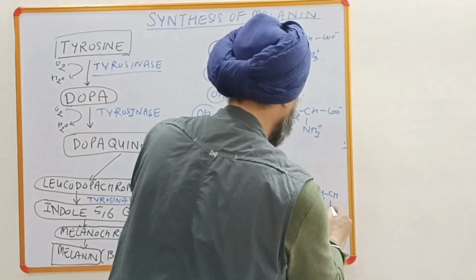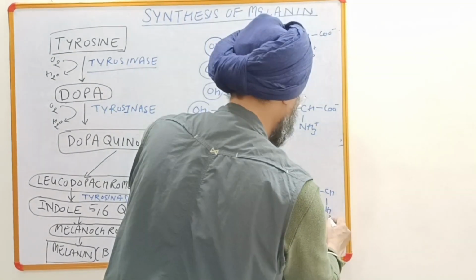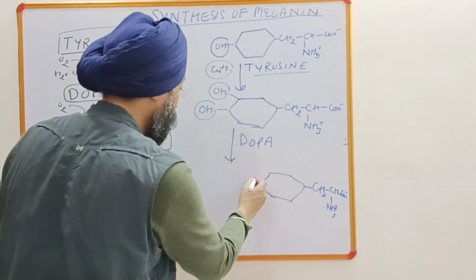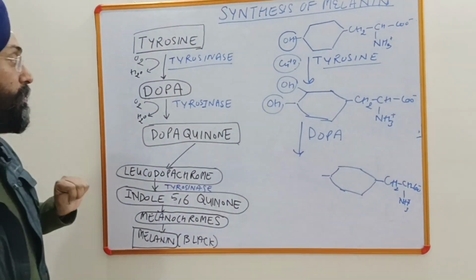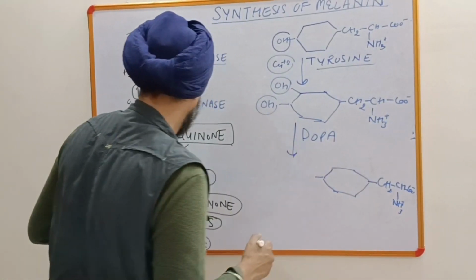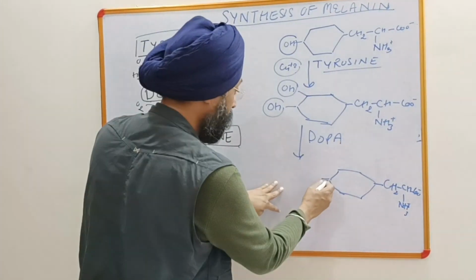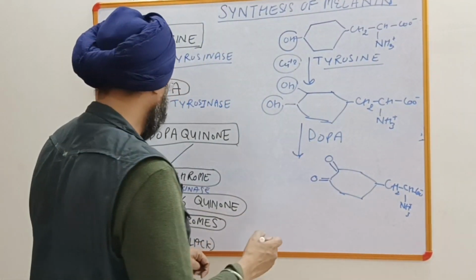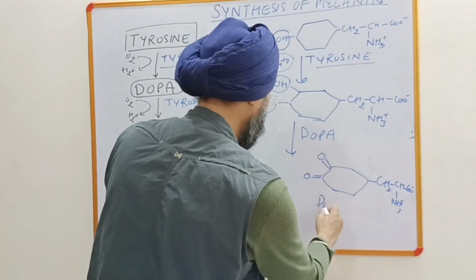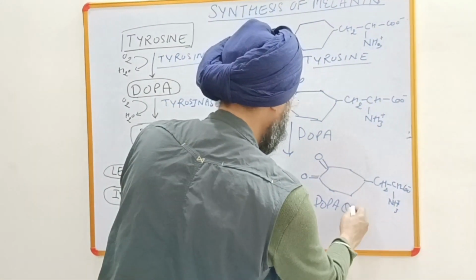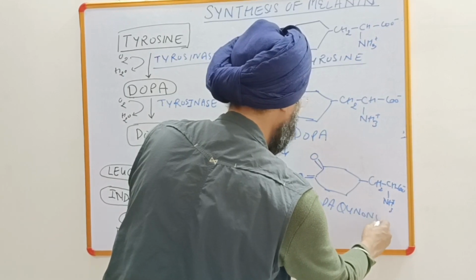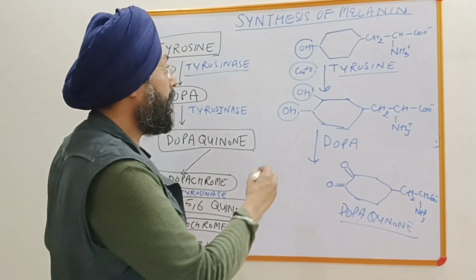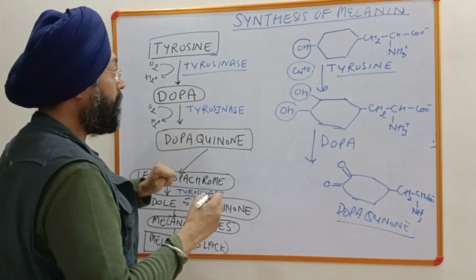Here we'll have two quinone groups, so we write keto groups, and this is our dopaquinone. Both the first two reactions required the enzyme tyrosinase.